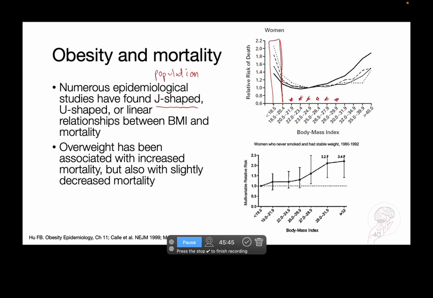Then something starts to happen at around 29. We see that it's been relatively flat here, but now it's going back up. So we see that there's two risk areas, high BMIs and low BMIs, where the middle is recommended.